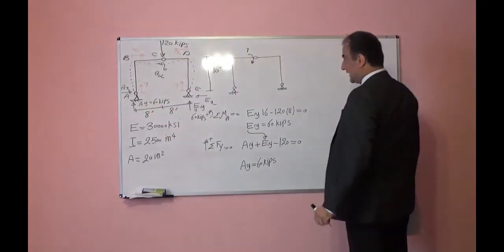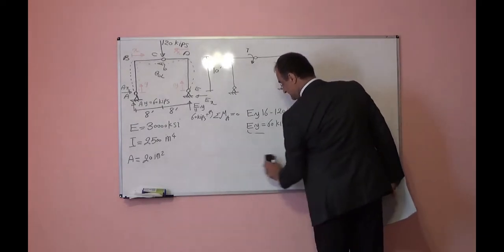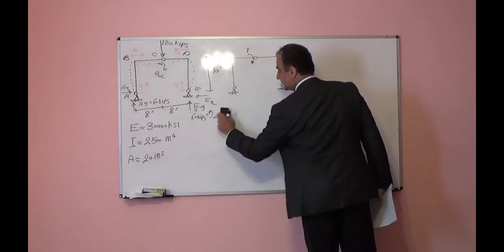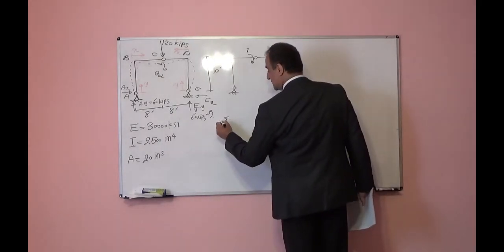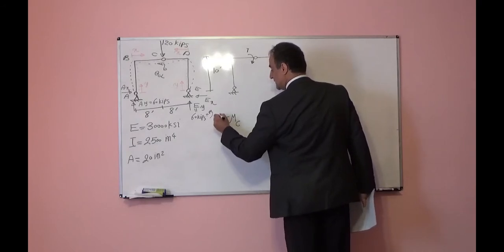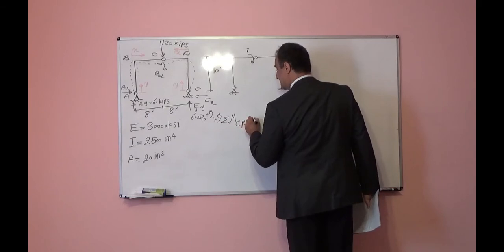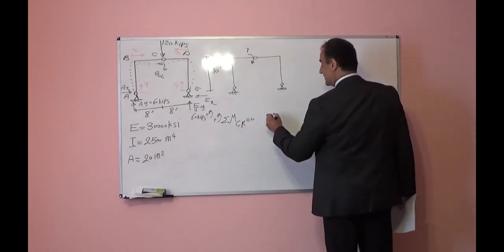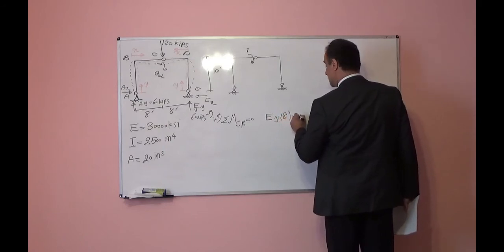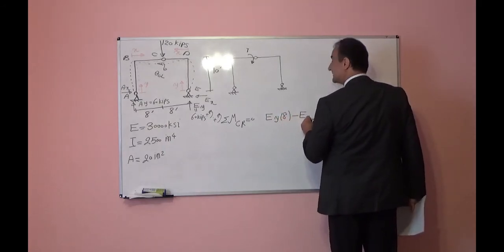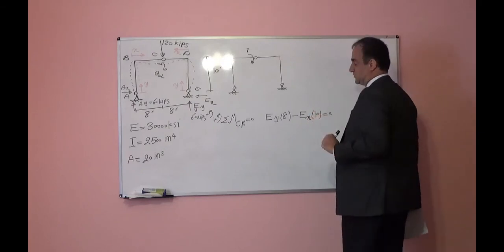In order to find Ex, I can take moment for the right side with respect to point C equal to 0. I will have Ey times 8 minus Ex times 10 is equal to 0.